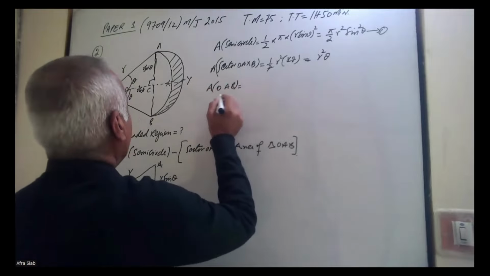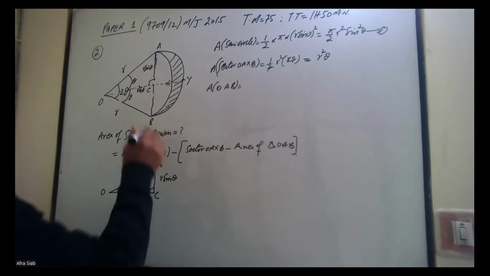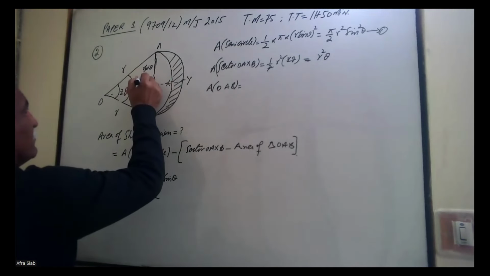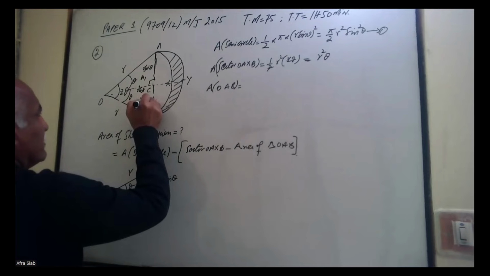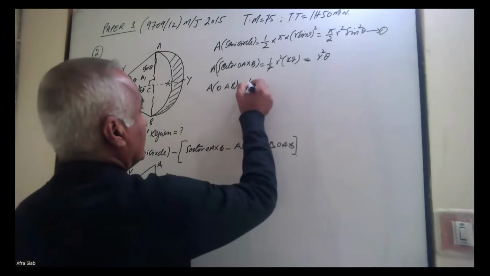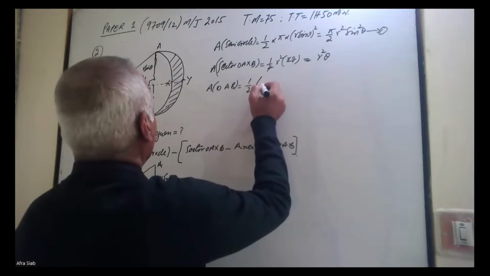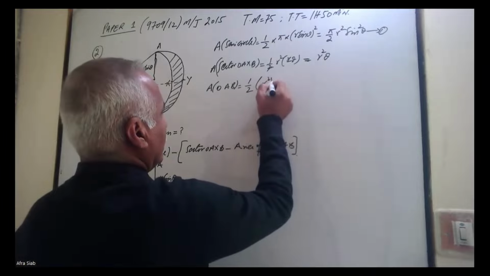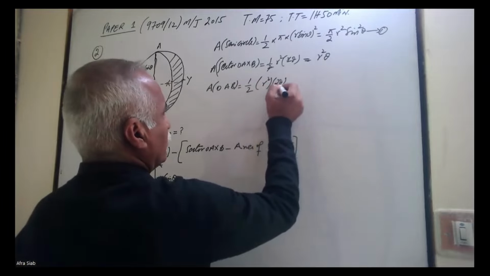Then the area of this triangle OAB, because it is the area of this and the area of this, two triangles are there. So we can combine these two, or we can directly use the sine rule there, because the angle between the two lines OA and OB is 2 theta. So we can directly write this as half into r square into 2 theta.